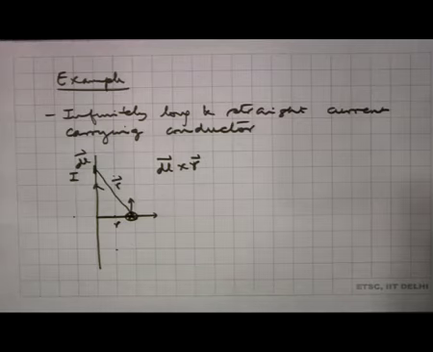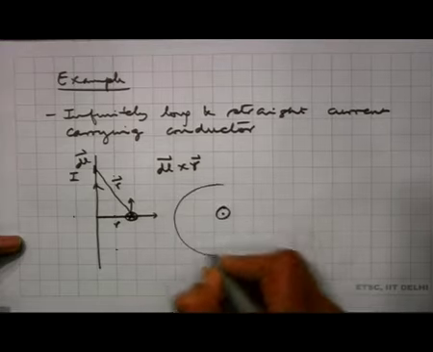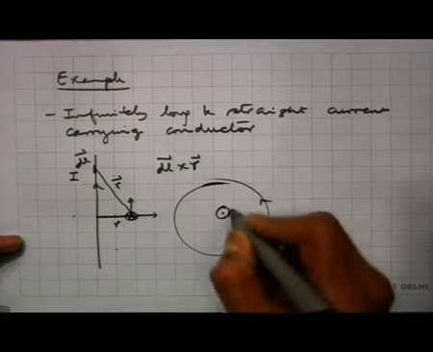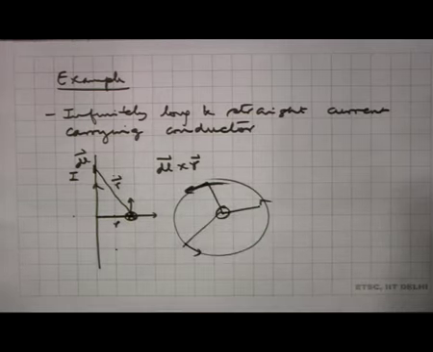So, the magnetic field has to be azimuthal. If I look from the top, the magnetic field can have only this perpendicular component. Here it can be only like this, and here it will be like this.